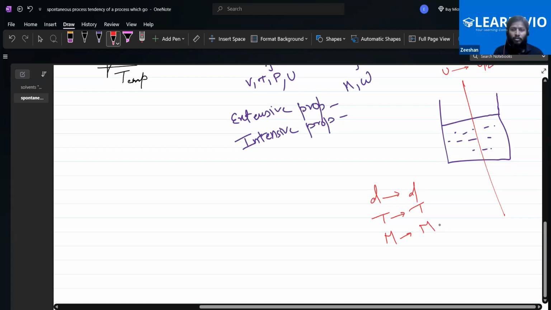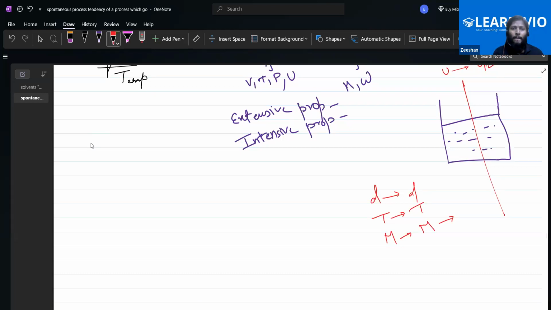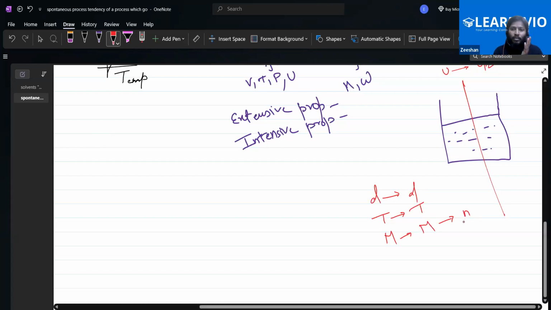See, does anybody remember the molarity formula? Number of moles by mass in kg. That is molality, you are a little wrong. That is molality, small m. This is molarity, number of moles upon volume of solution.